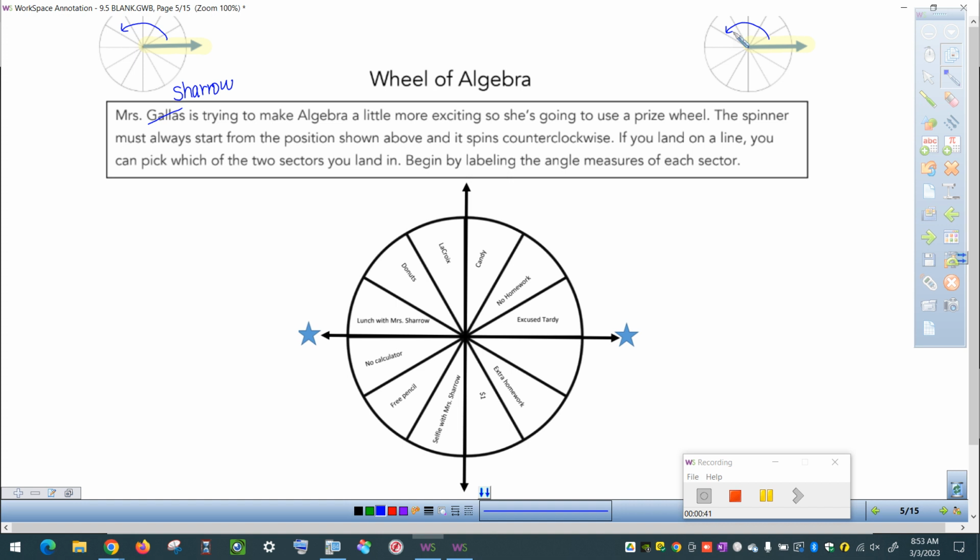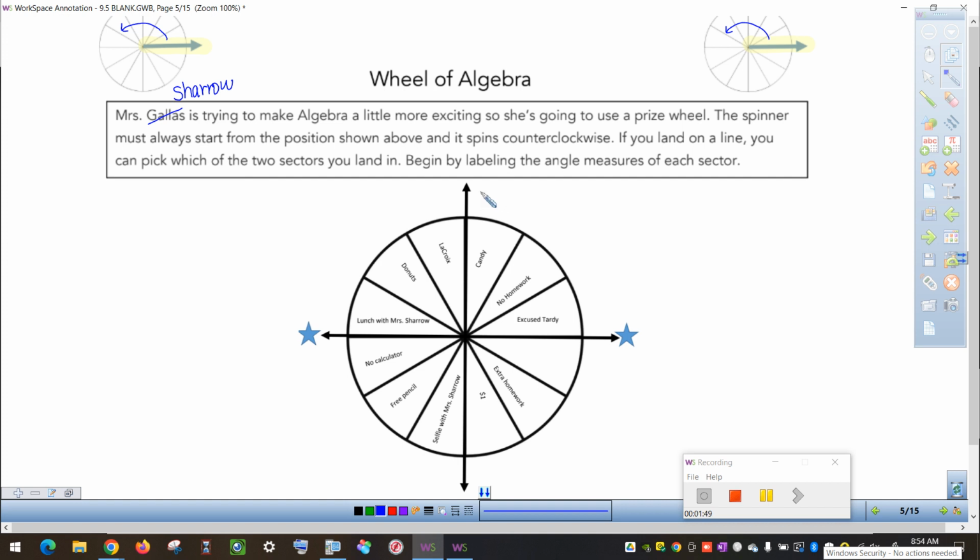Awesome. Okay. So if it's 360 degrees around the entire circle, how many degrees would it be for just half the circle? 180. What if I just go a fourth of my circle? 90.